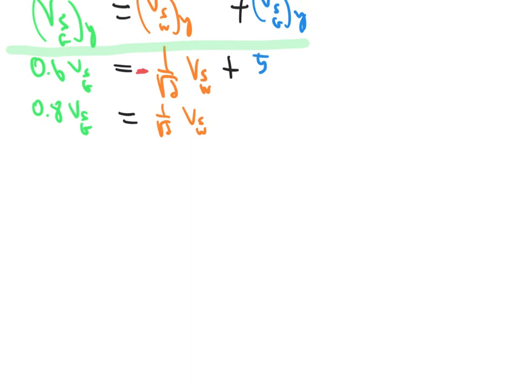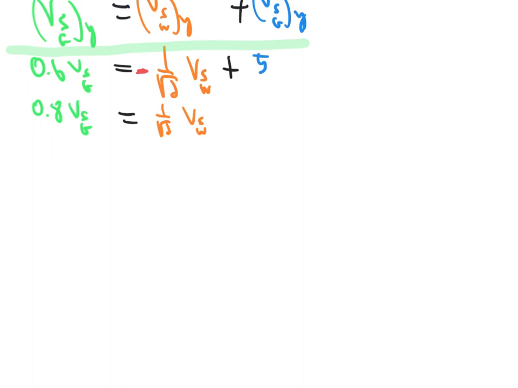So now what we have here is a system of two equations and two unknowns, and we have lots of ways we can solve it. The most traditional way to solve it, according to math, usually would be to just do some substitution stuff, right? Solve for VSG, put it in here, and solve around.